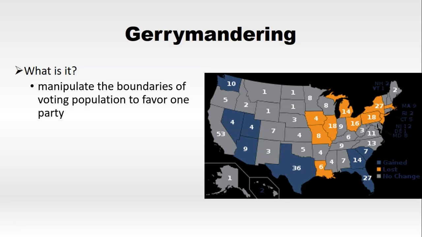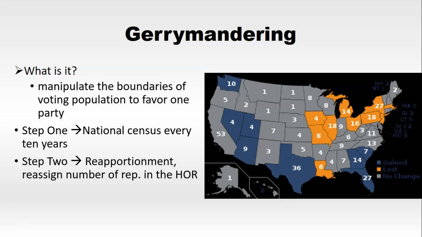Within each state, they are given a certain number of districts based off of their population, and however many districts they get will equal the amount of representatives that the state gets in the House. So obviously, we have to figure out, okay, what is the population of said state? So step one, a national census is to take place every 10 years.